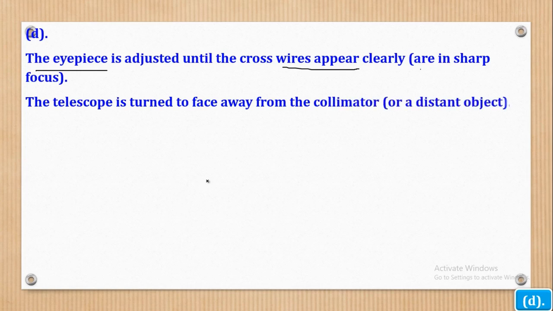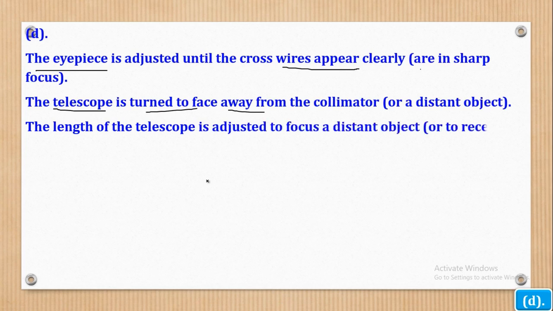Then from there we can make adjustments on the telescope and show that the telescope is turned to face away from the collimator. And when that is done, the length of the telescope is adjusted to focus a distant object.